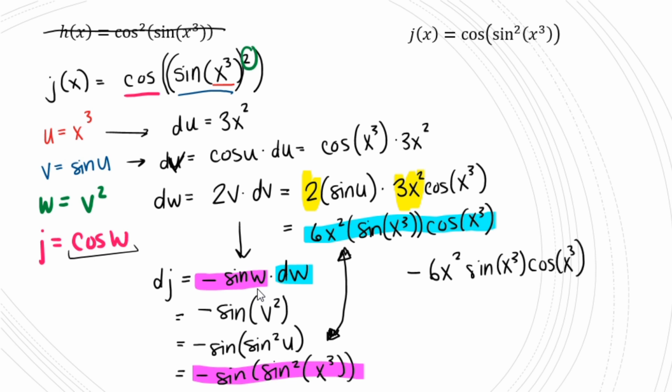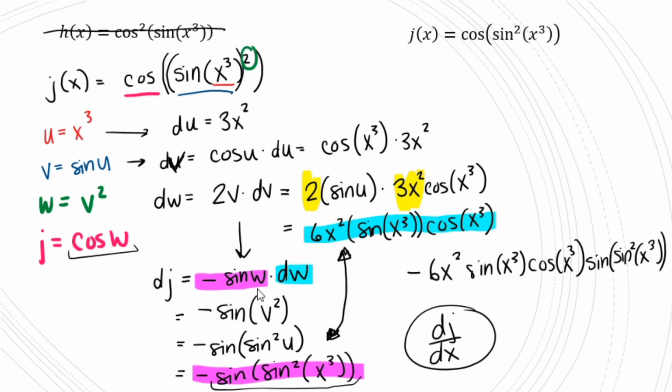And then I'm going to deal, and I'm going to run out of room. It's so bad. I'm going to deal with the sine of sine stuff here onto sine of sine squared x cubed brackety bracket bracket. There you go. That is dj with respect to x. Ugh.